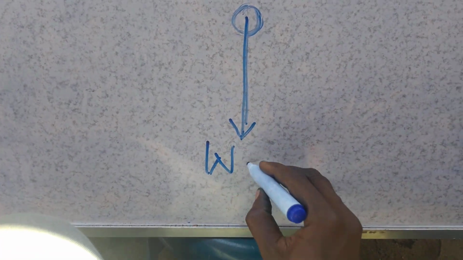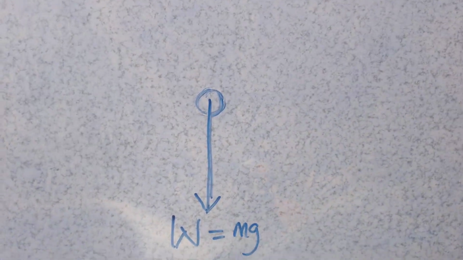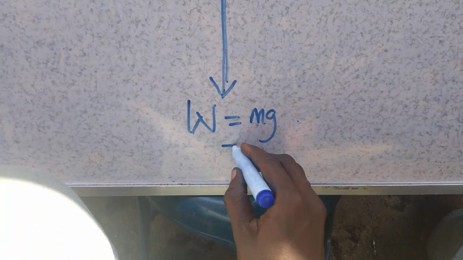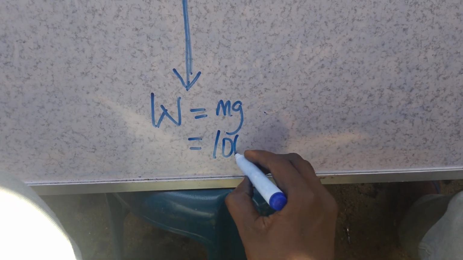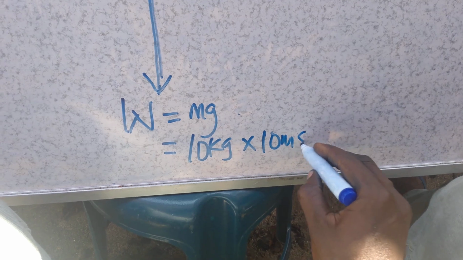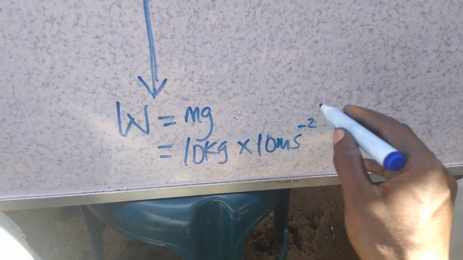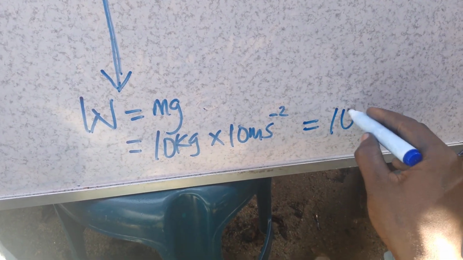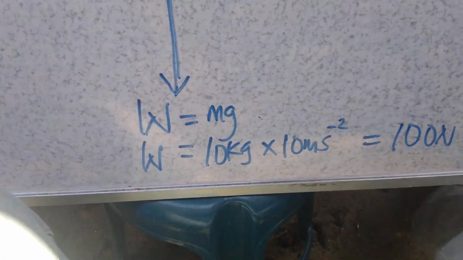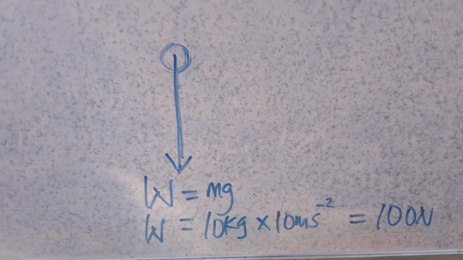That is W equals mg, which will be equal to m is 10 kg and g is 10 meters per second squared. If I multiply them, 10 times 10 will give me 100. The weight of that body is 100 newton.